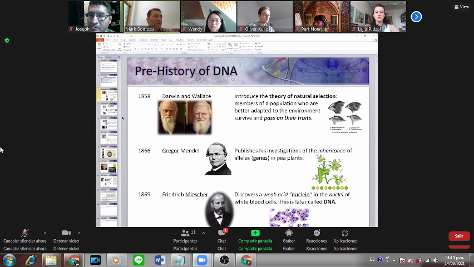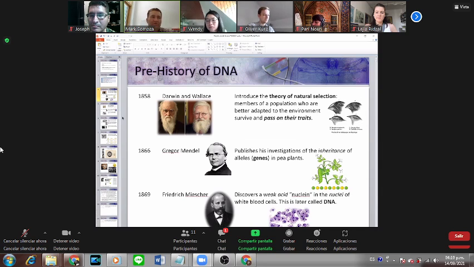Then about a decade later, Gregor Mendel, in Austria, or at least the Austro-Hungarian Empire, published his investigations on the inheritance of genes, which are called alleles, in pea plants. You've all seen these experiments with wrinkly peas and yellow peas and green peas. He worked out some basic rules of thumb for how genes were transmitted.